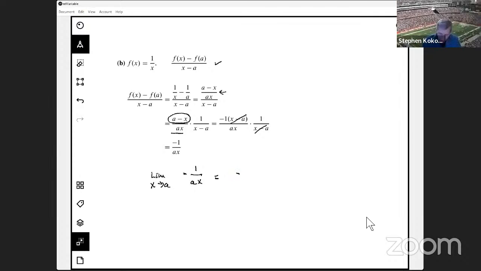There you go. So it should be minus 1 over a squared. In fact, direct substitution works here. There's no division by 0 at all. In fact, we can make an argument about continuity, and direct substitution works here because this is a very nice rational expression.